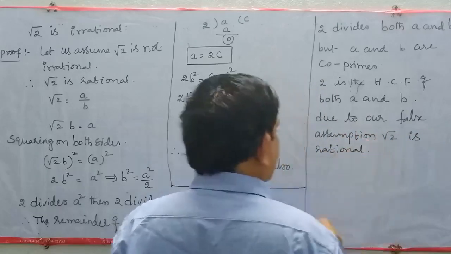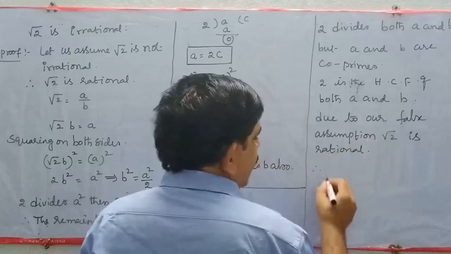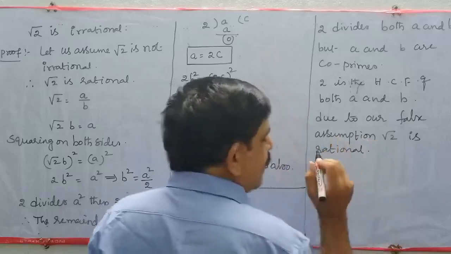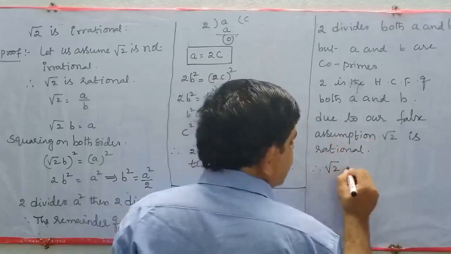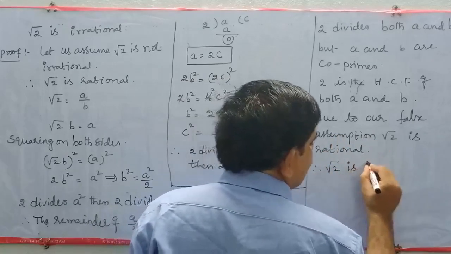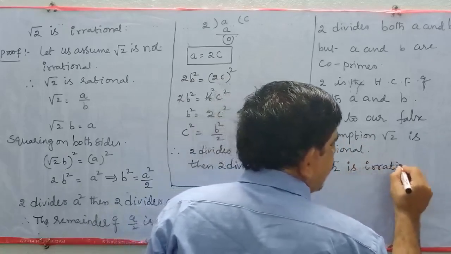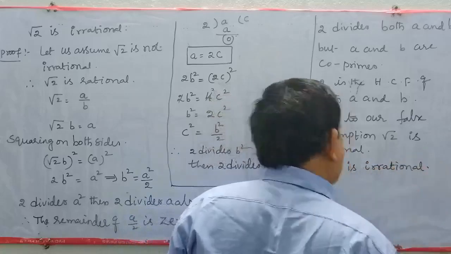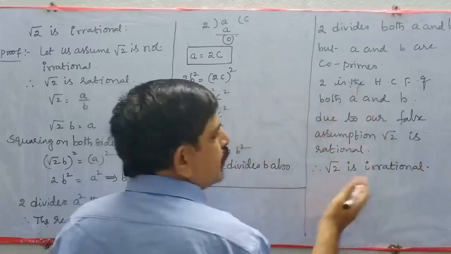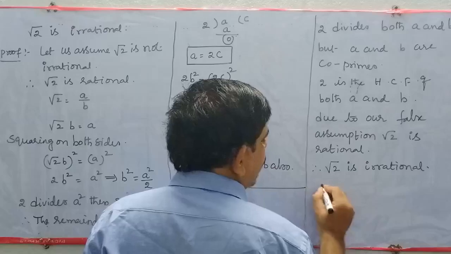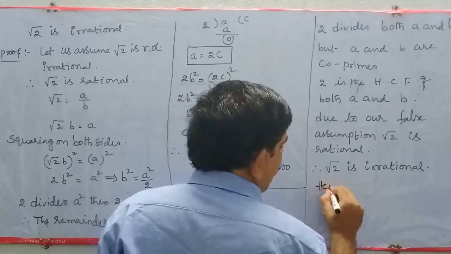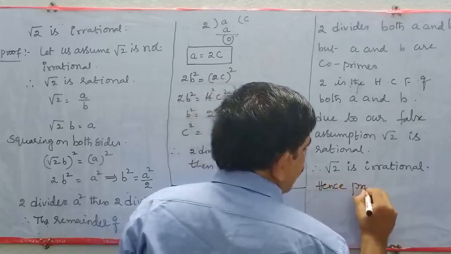But according to the given problem, root 2 is irrational, and we proved that root 2 is irrational. Hence proved.